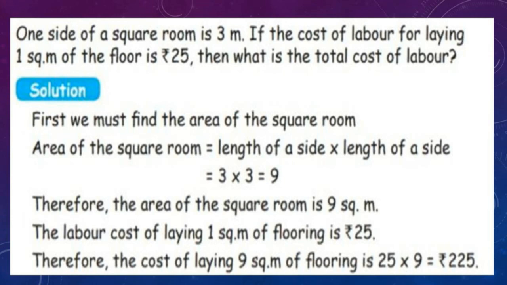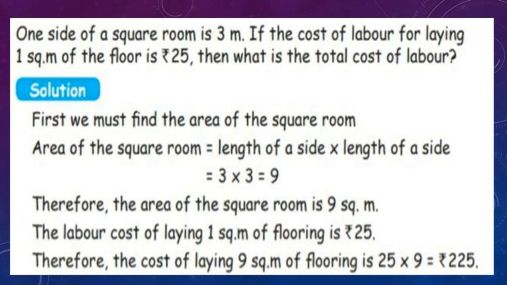We know area of the square room, that is length of a side into length of a side. That means they have given 3 meter. So 3 threes are 9. Now what we are going to do, the answer which we got from the area of the square, along with that we are going to multiply the rupees of the 1 square meter of a floor.